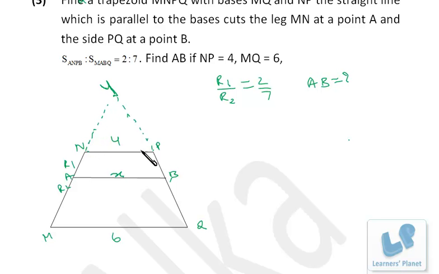So area of YNP will be 4x square, that means 4x whole square, that's 16x square, right? Area of this YAB will be x square in proportion to their sides. I can choose a constant k, so area of YAB is kx square, area of YNP is 16k, right?